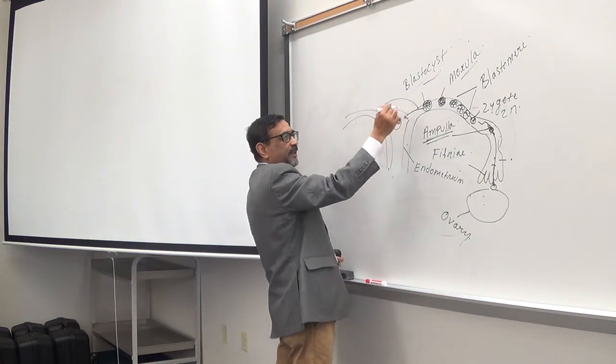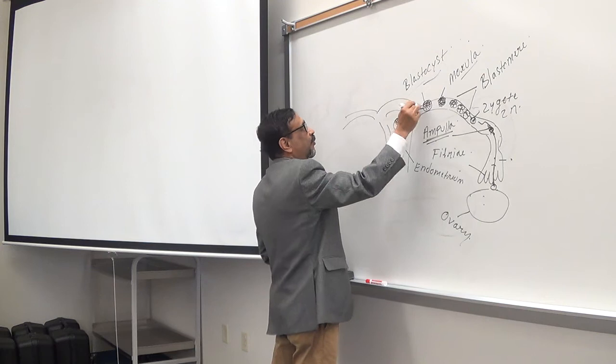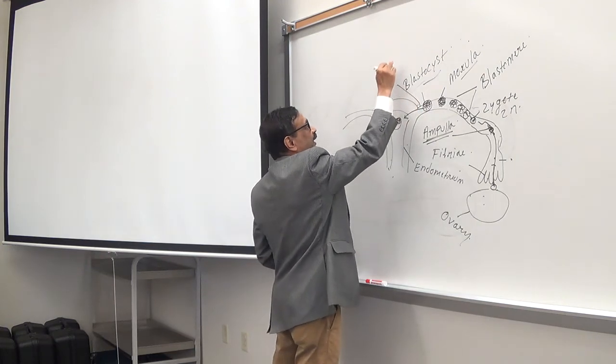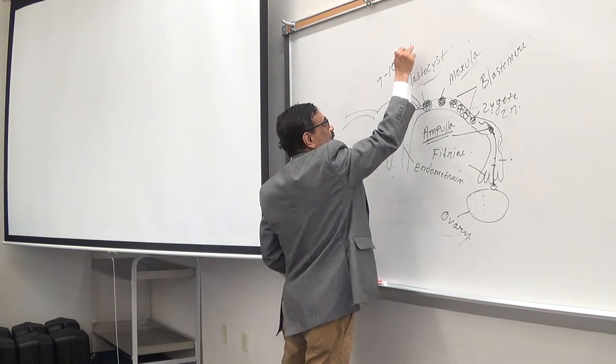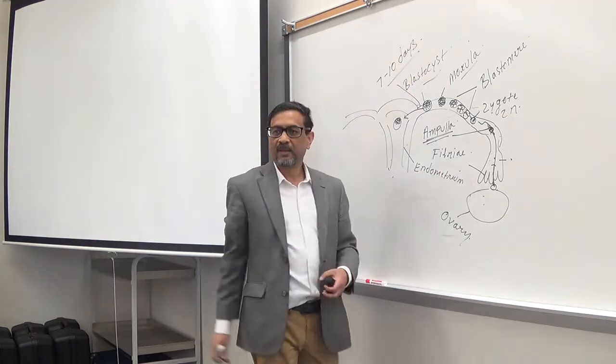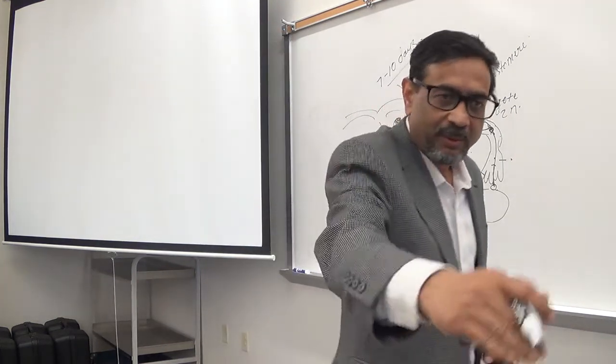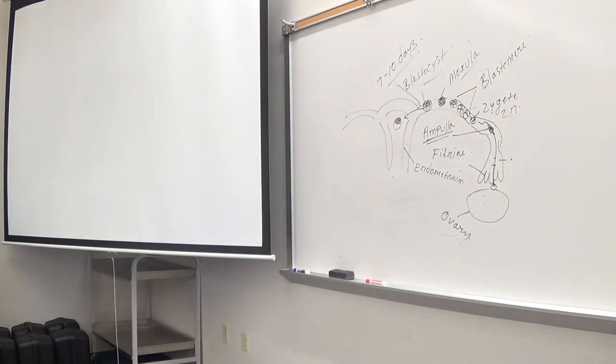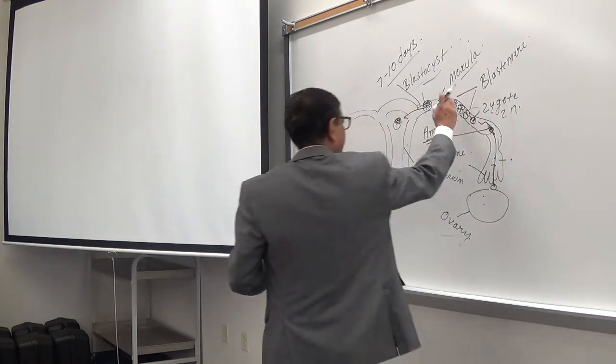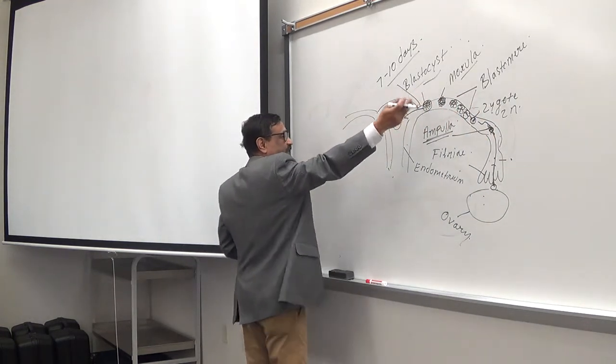To arrive into the uterus after fertilization, it takes about 7 to 10 days. And during that time, you see, cell division continues, mitosis continues.